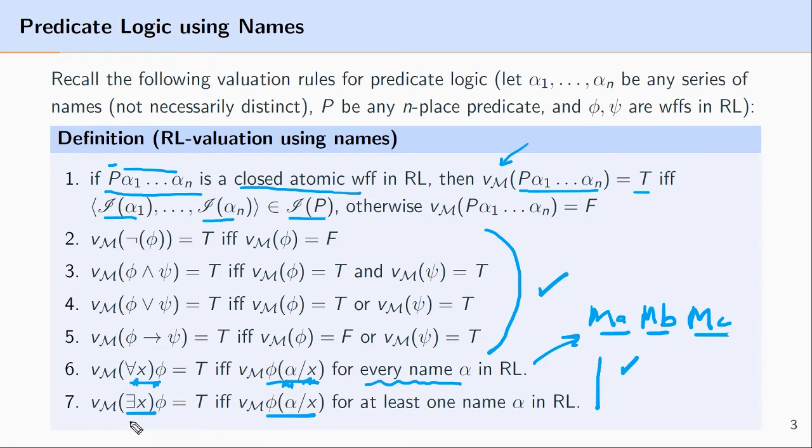With respect to existentially quantified formulas, like at line 7, we say that EX phi is true if and only if phi, where we substitute a name alpha for X, is true for at least one name. So someone is mortal if and only if we can take the variable that's found in the EX MX and replace it with some name, at least one name.